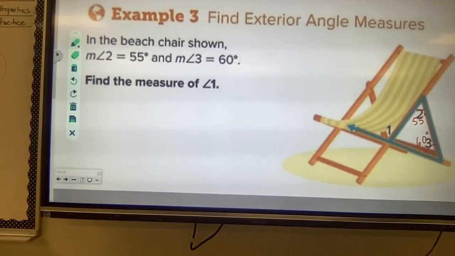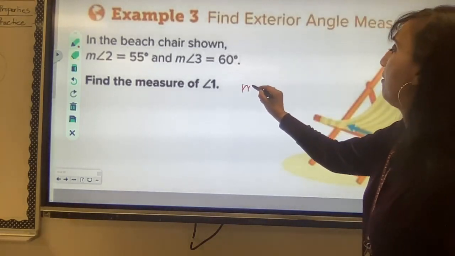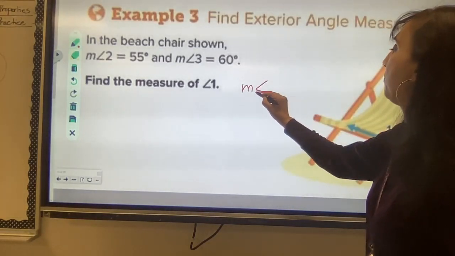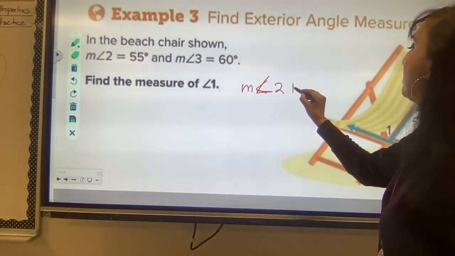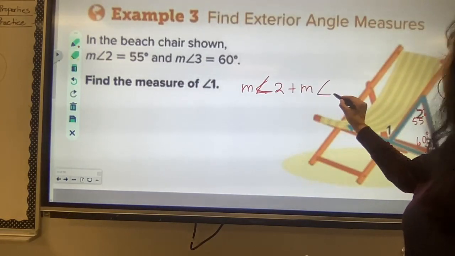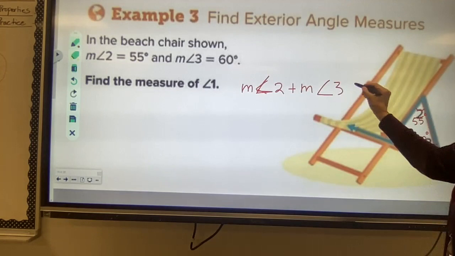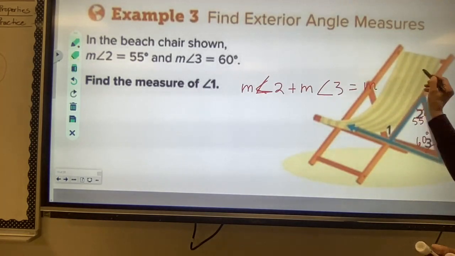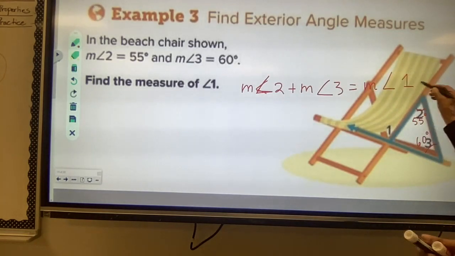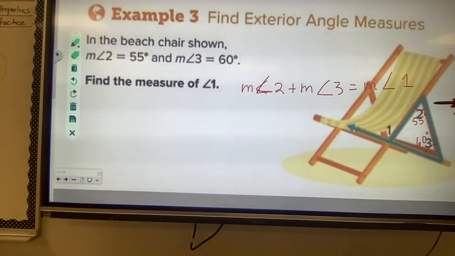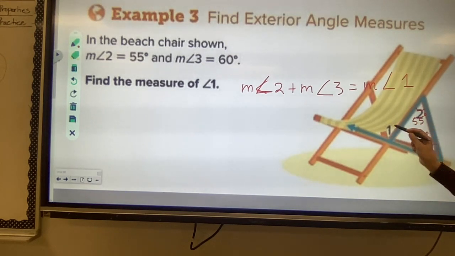We know that the measure of angle 2 plus the measure of angle 3 will equal the measure of angle 1, because the sum of the two remote interior angles is equal to the exterior angle measure.